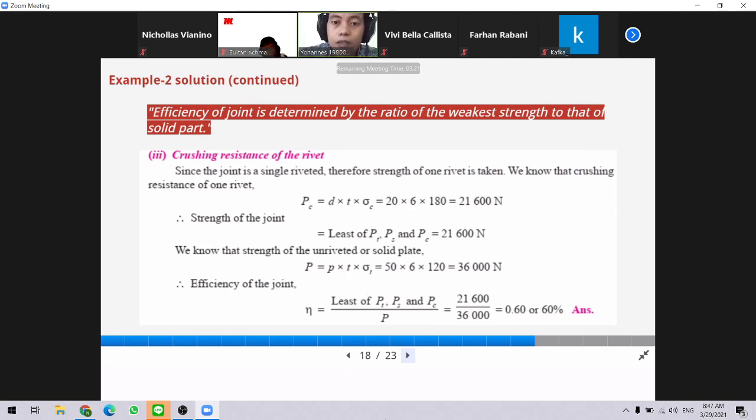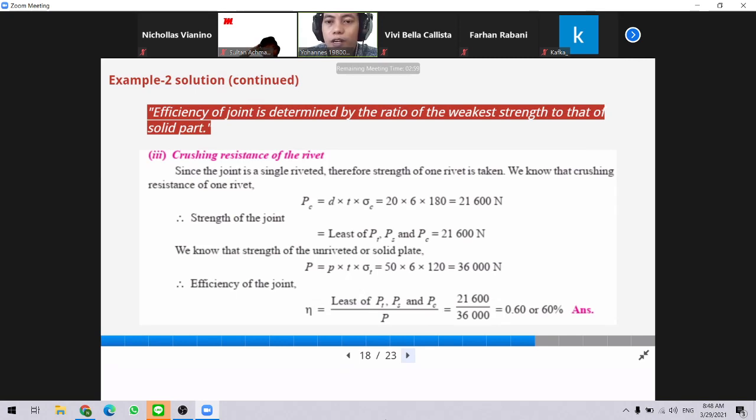Okay. And if we try to calculate the full capacity of the plate without hole, without joint, the solid plate, so the tearing area is the pitch length times the thickness. This is the area, and then times the tensional strength of the plate. So here we have 36 kilonewton.